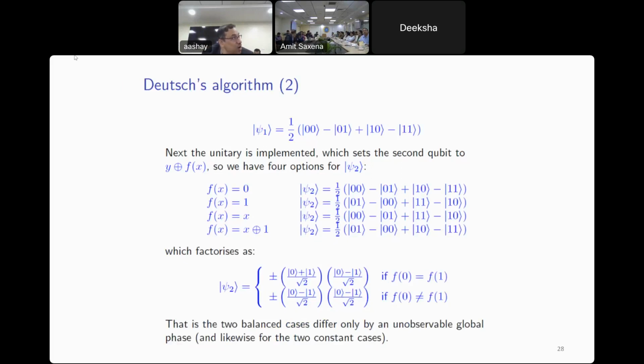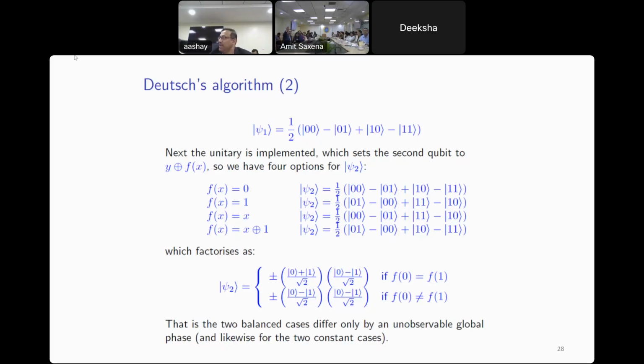So when we do this operation Y XOR f(x), if it is constant, f(x) can always be 0, or it can be constant 1. So f(x) can be 0, f(x) can be 1. And if it is balanced, it can be x or it can be x XOR 1.